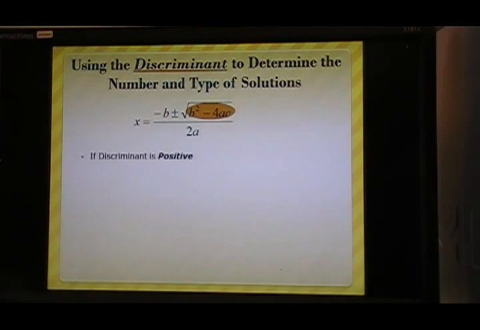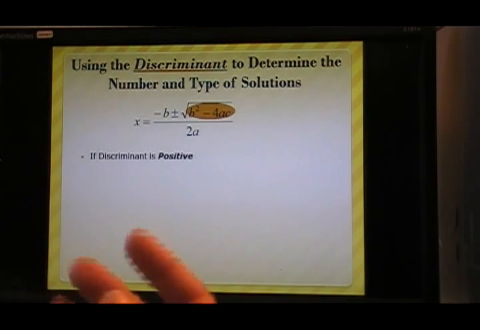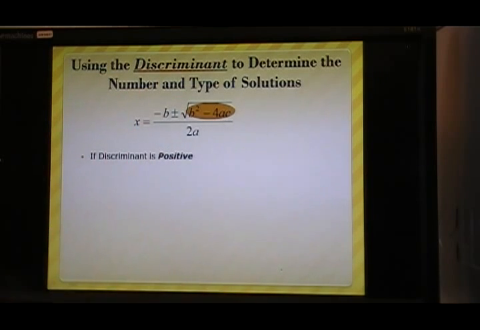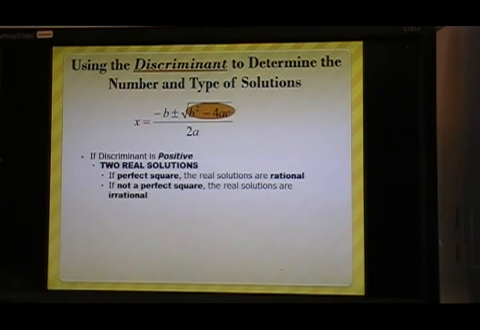Okay? And if the discriminant is positive, then you're going to get real solutions, right? If you end up getting a negative, the square root of a negative number would have i's. So if it's positive, your solutions are going to be real. They're either going to be rational or they're going to be irrational, right?